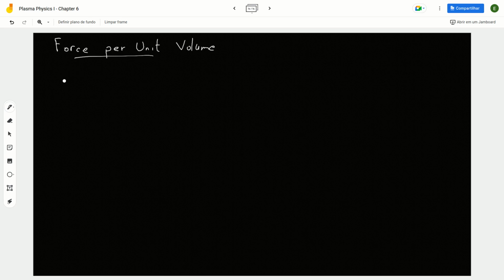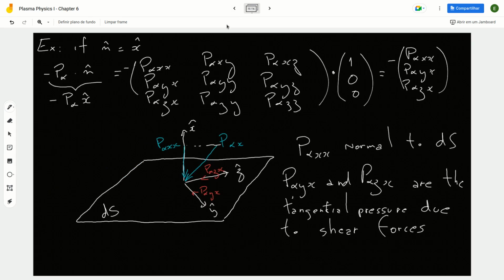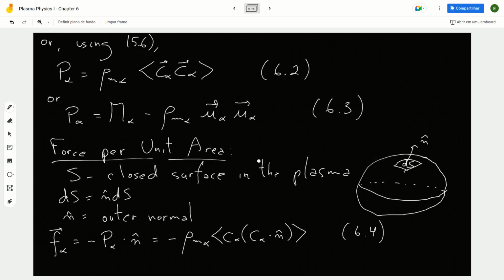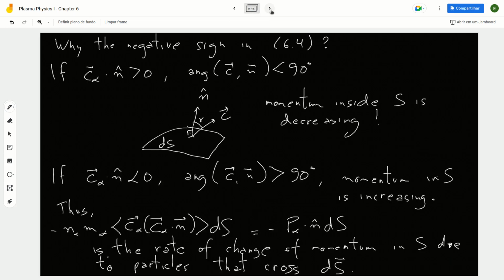Now, from 6.4, let's check it. 6.4 is here. So we have a force, and let's integrate this over a closed surface like this one.